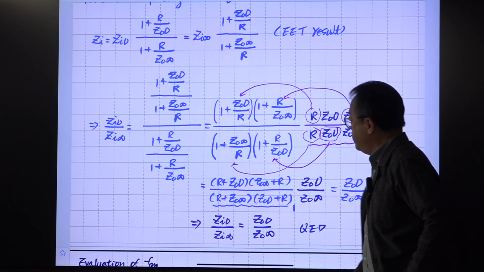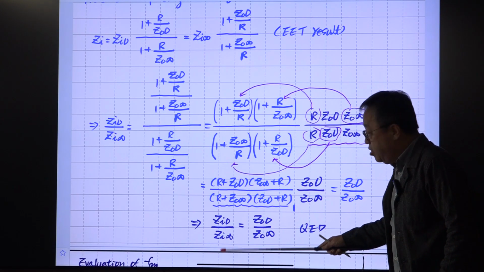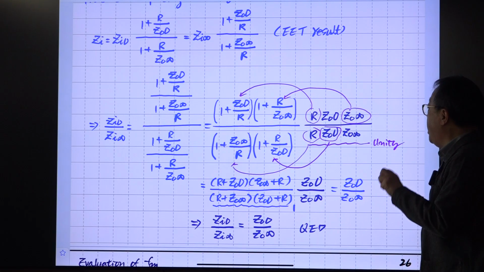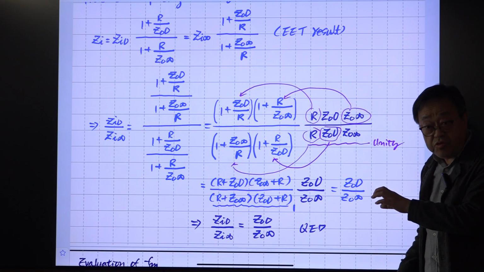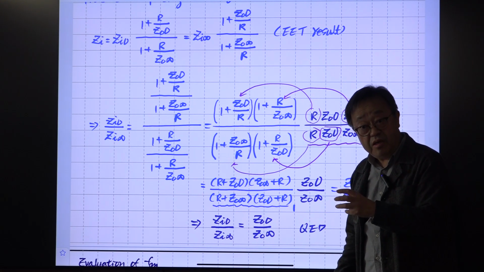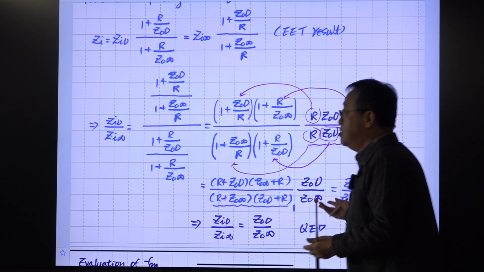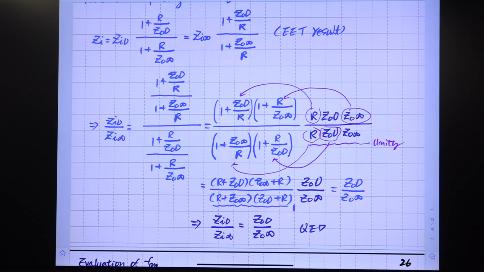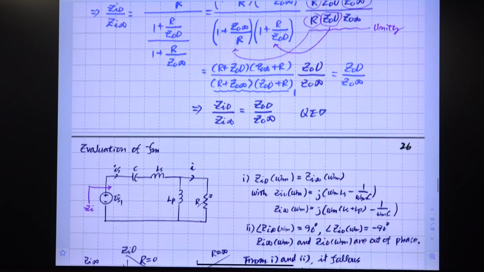I'm talking about the numerator and the denominator. Numerator and denominator have the same magnitude, and the same nature: in phase, out of phase. Okay? We'll be using this fact later to prove something else. So we proved the reciprocity identity.